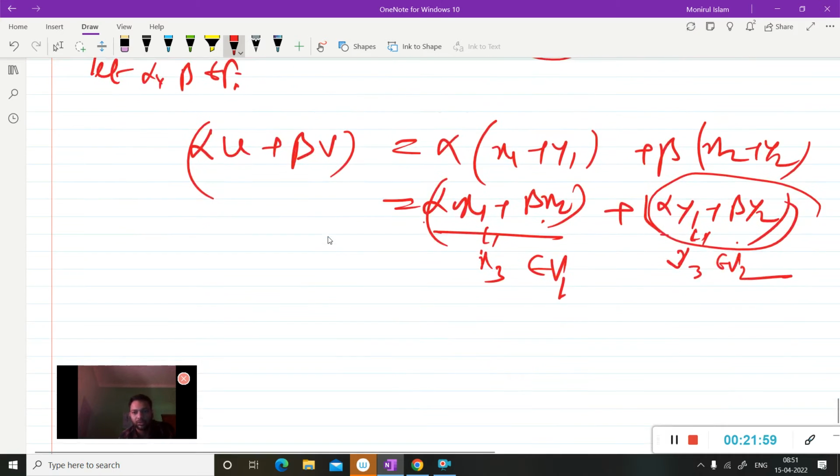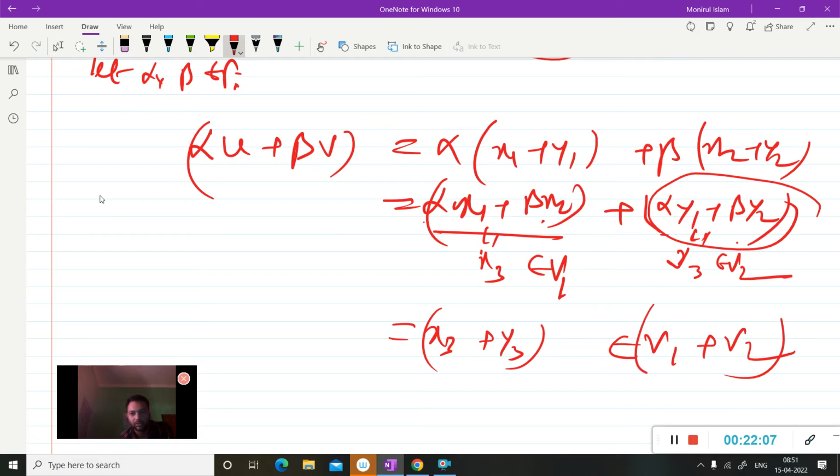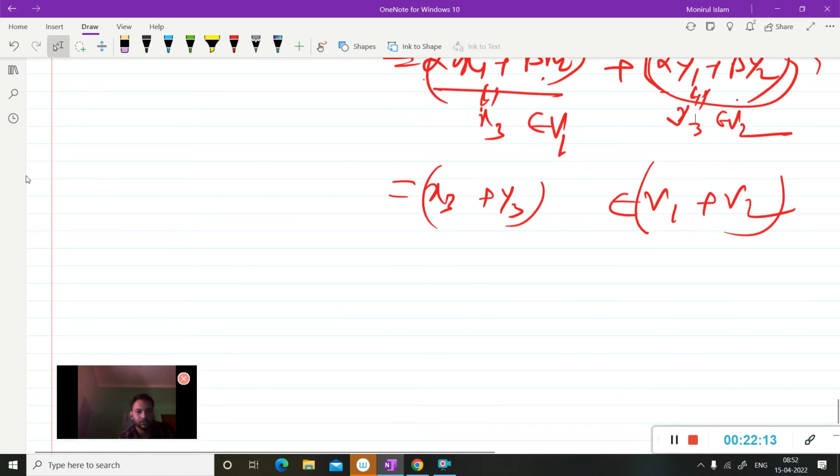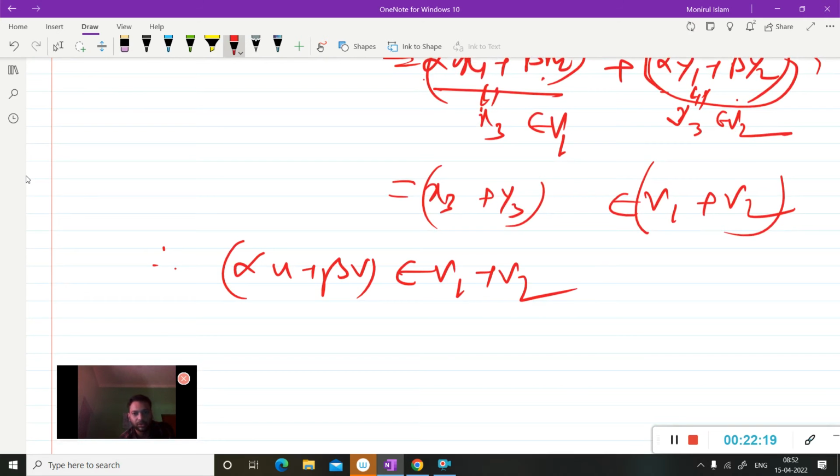So this is a sum of two members. You will write it like this: x3 plus y3, which is a member of V1 plus V2, where x3 is this and y3 is this. So I proved alpha u plus beta v belongs to the linear sum V1 plus V2 for all scalars alpha, beta and for all u, v belonging to V1 plus V2.